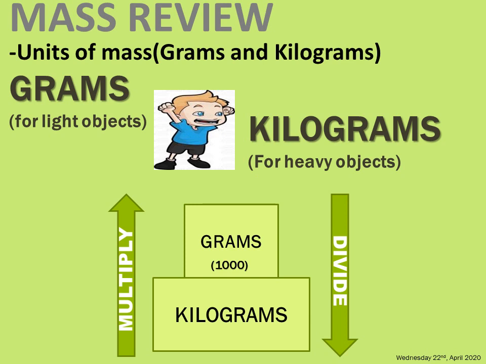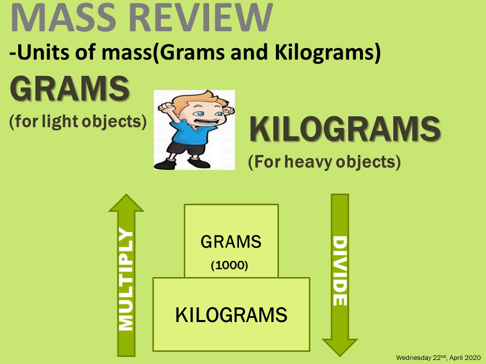Also remember that on our block, gram is the smaller unit, and 1000 grams will make 1 kilogram. Kilogram, on the other hand, is our bigger block, so it's the bigger unit. How do we then convert? Do you remember? If we want to change from kilogram to gram, we're changing big to small. And what do we do? Look at the arrow pointing from big to small, we multiply.